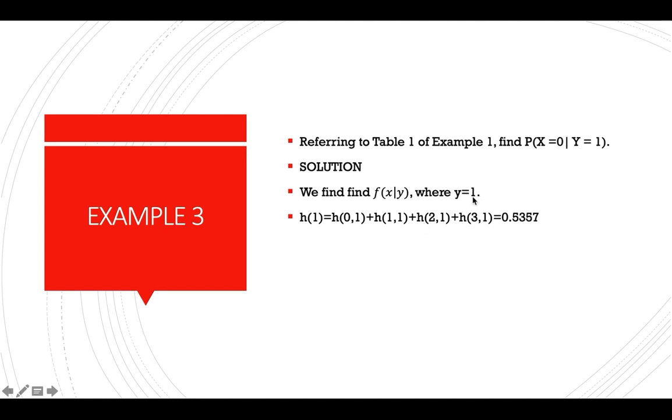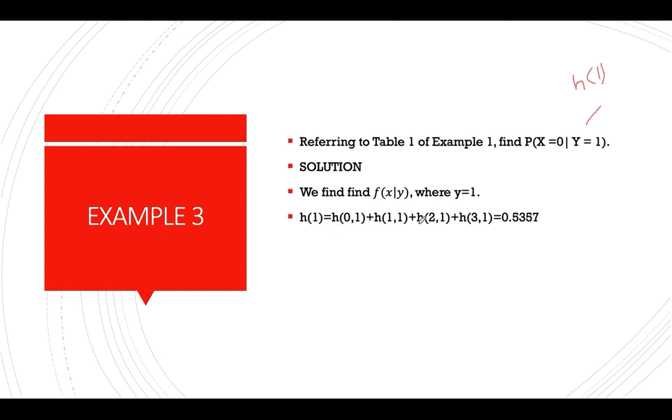So the variable here is y equals 1, so we consider the marginal distribution at y equals 1. What is h of 1?